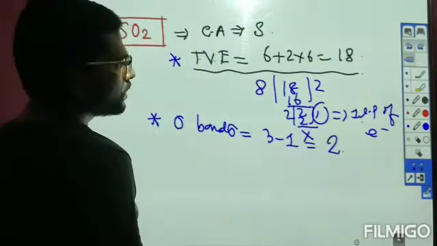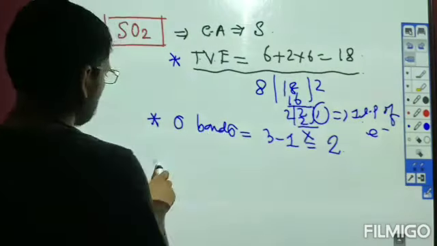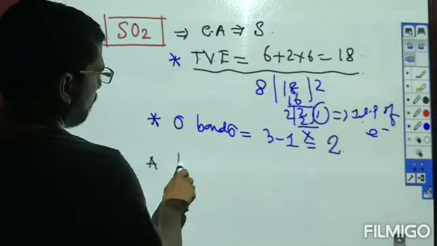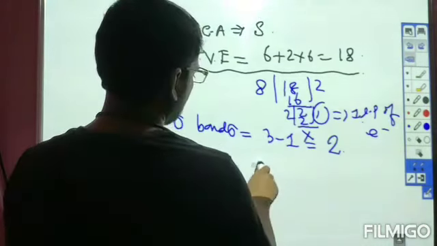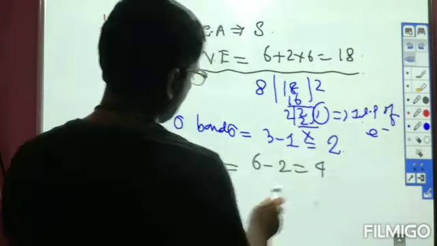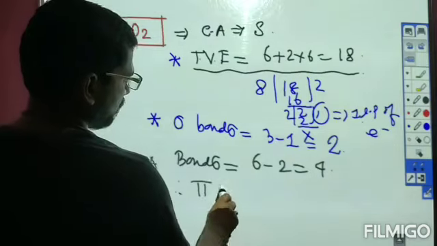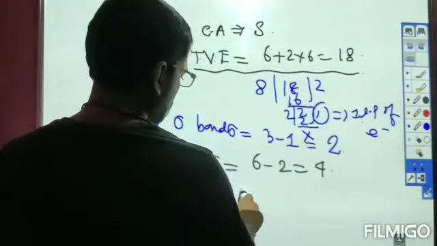2 sigma bonds. Is there any pi bond? Bonds equal to valence electron 6, lone pair electrons 2, it's 4. So sigma plus pi equal to 4, so pi bonds 2.